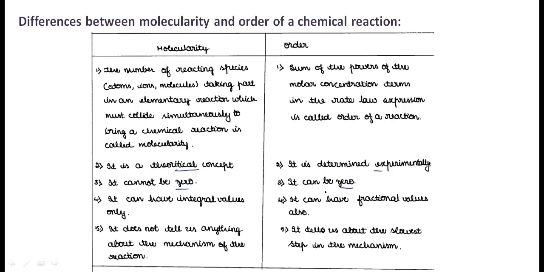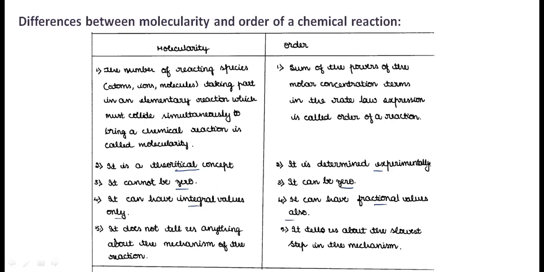Such reactions are called zero order reactions. Hence, molecularity will never become zero, whereas order can be zero. Then, molecularity will always have integral values only, whereas order can have fractional values also.